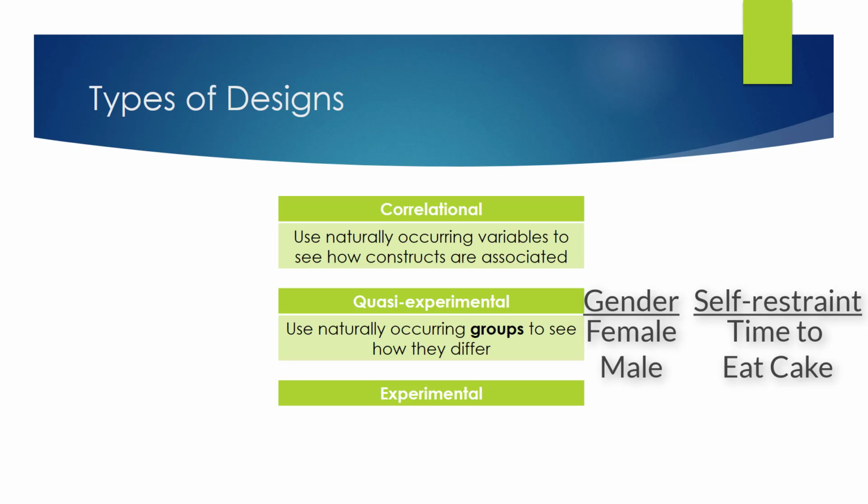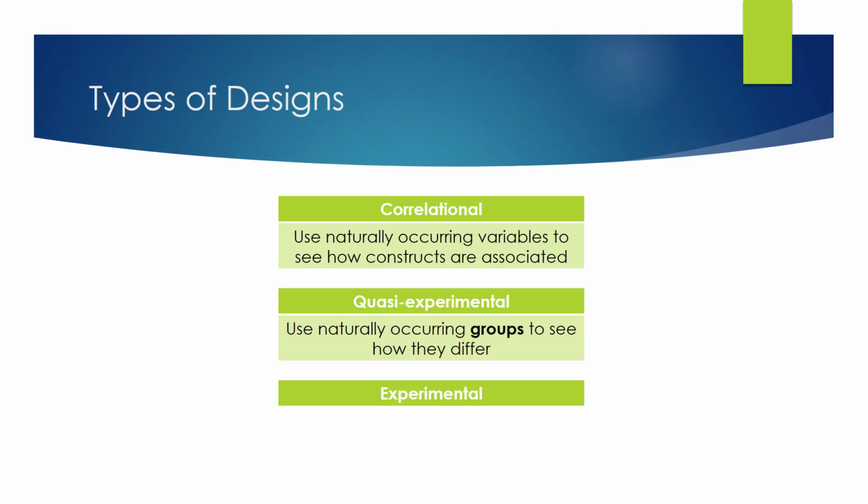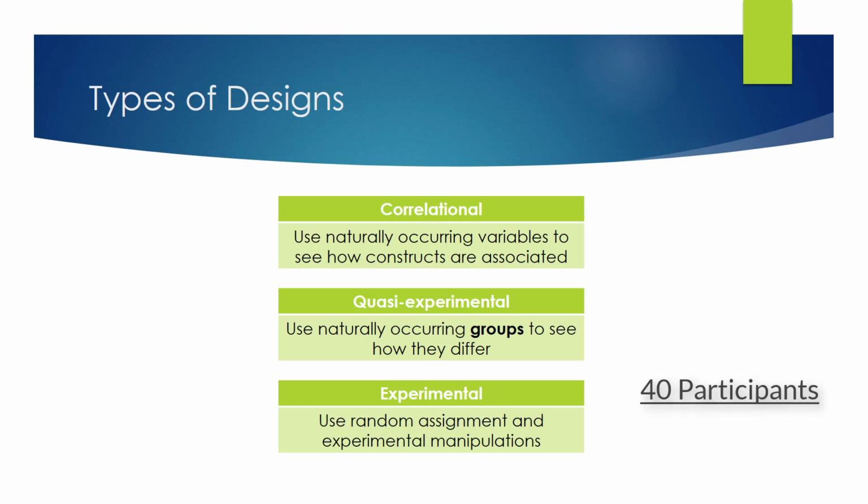So that lack of random assignment is really what distinguishes quasi-experimental from experimental. With experimental, we're using random assignment and experimental manipulation. So let's say that I think I can train individuals to have more self-restraint. And I take 40 individuals and I randomly assign half of them, so 20 of them, to receive my restraint training seminar.